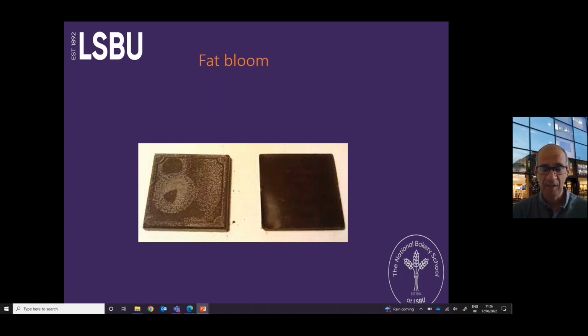There will be a change in the profile of the crystals. Some of the fat will melt and go to the surface, where it will crystallize. On the left-hand side, we have a piece of chocolate that looks like it is moldy on the surface, but it's not mold, it's not microbiological, this is physical. The fat melted, went to the surface and crystallized again.